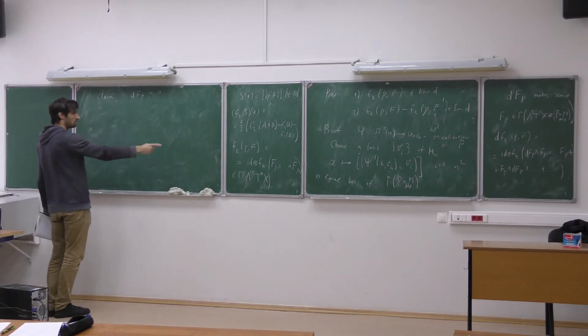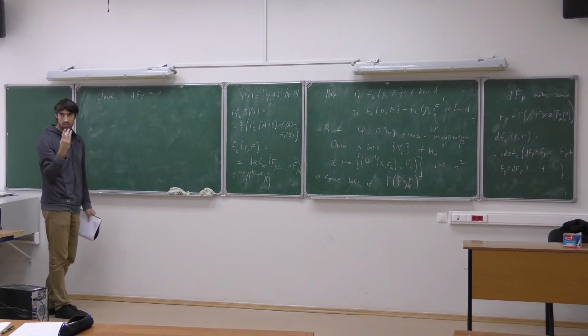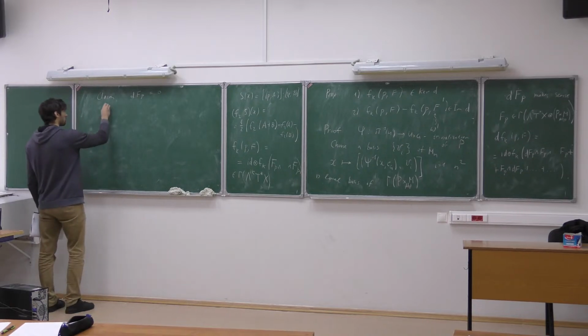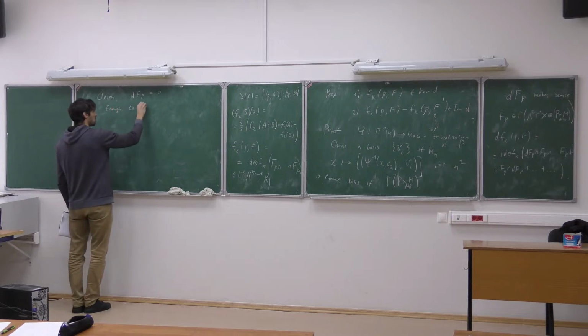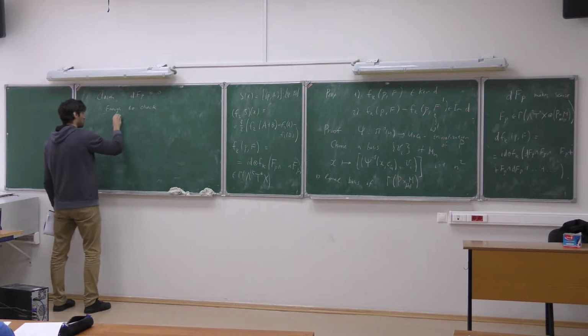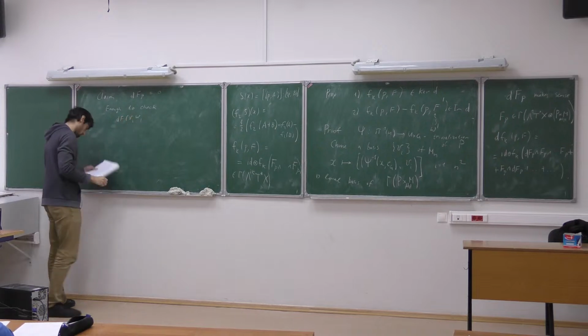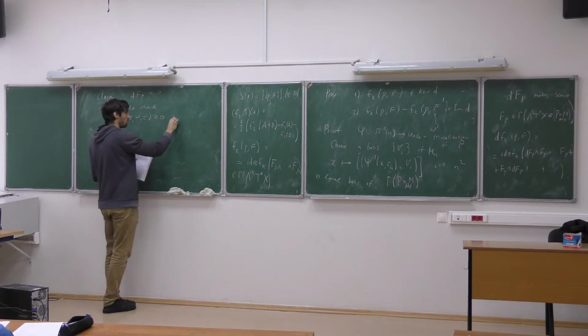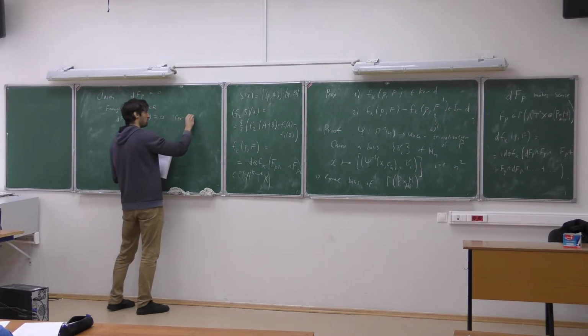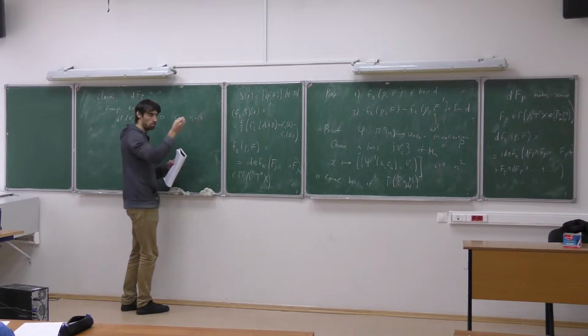So d_f rho takes 3 vectors. So it's enough to check d_f rho of v, w, and z equals 0 for v, w, and z that commute.